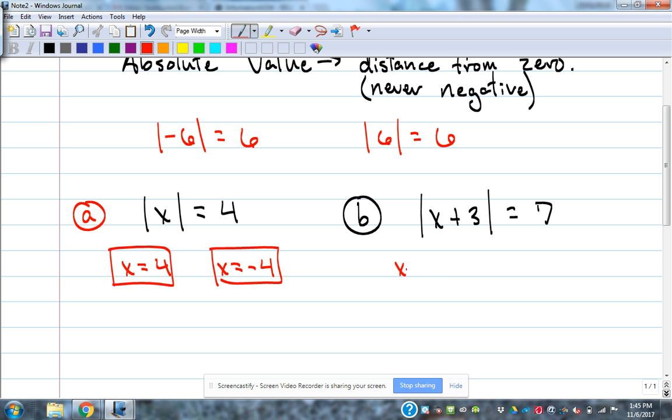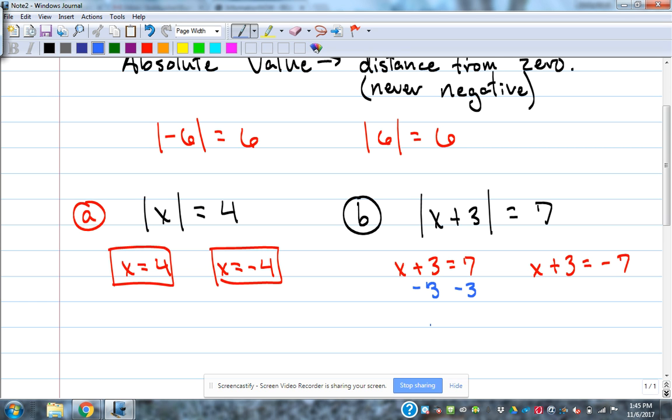That could be x plus 3 being at +7, or x plus 3 being at -7. Each of those has a distance away from 0 of 7. And then you solve each one of those separately.